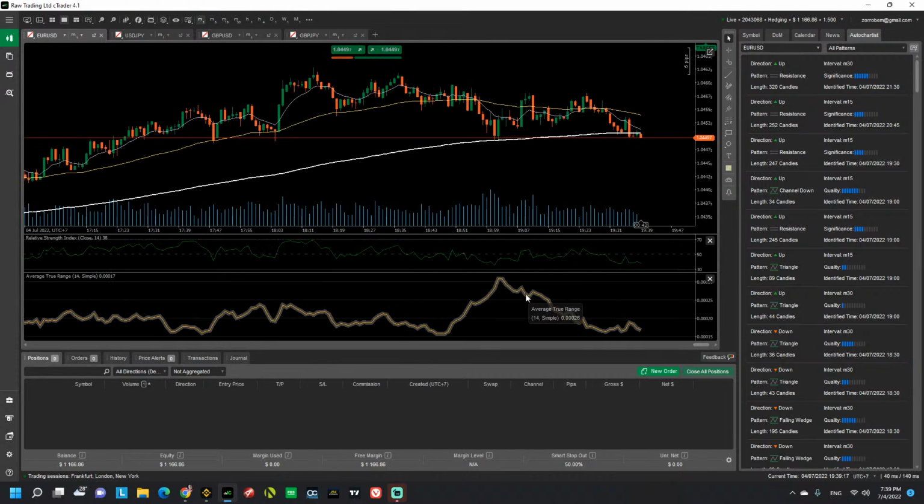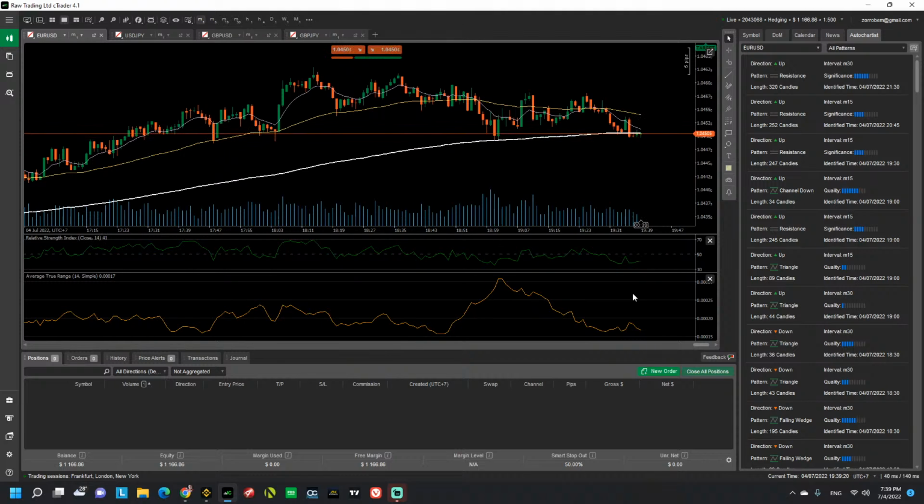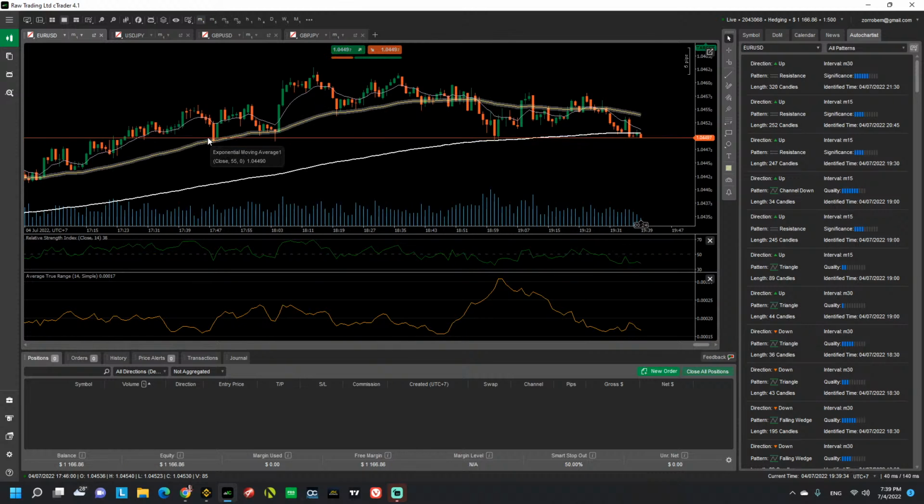Yeah, leaning towards a sell here, but it hasn't broken yet. It's still moving in the 200 average in the 1 minute, so let's wait for that. It's still in the support area, so let's wait for that to go down a little bit more.